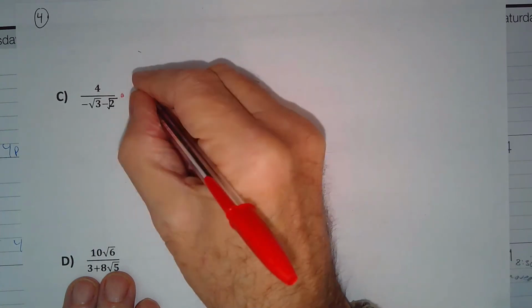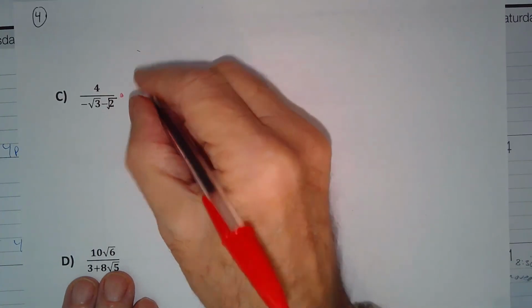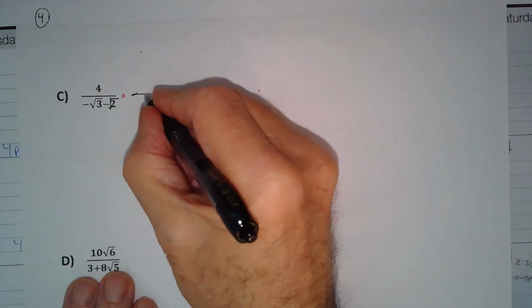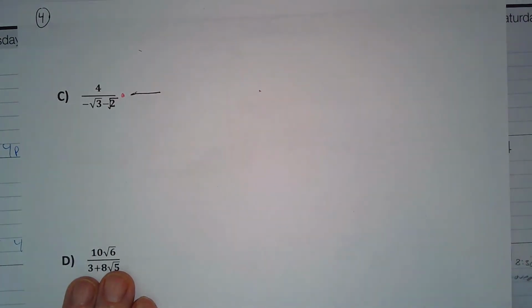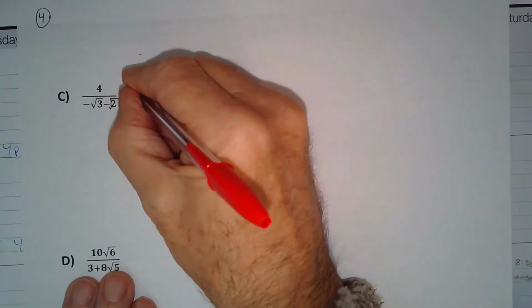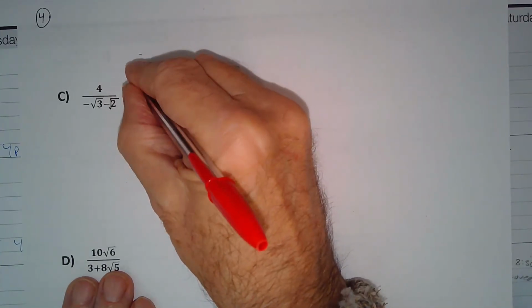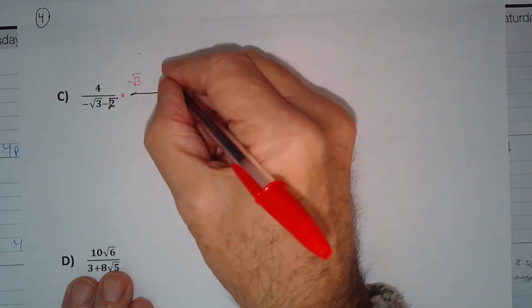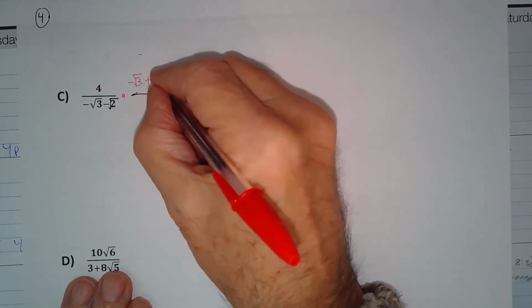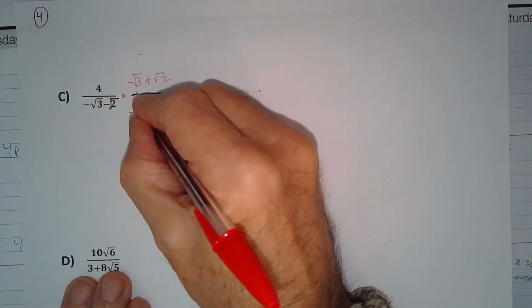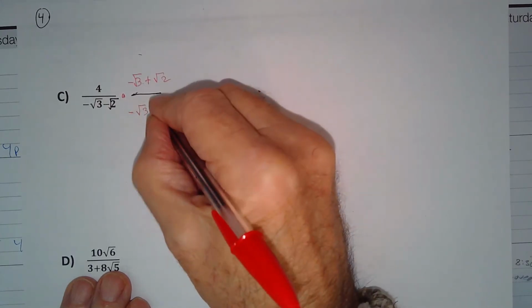So I'm going to put that into the numerator and the denominator here to create my complex conjugate. So I got negative square root of 3 plus square root of 2 divided by negative square root of 3 plus the square root of 2.